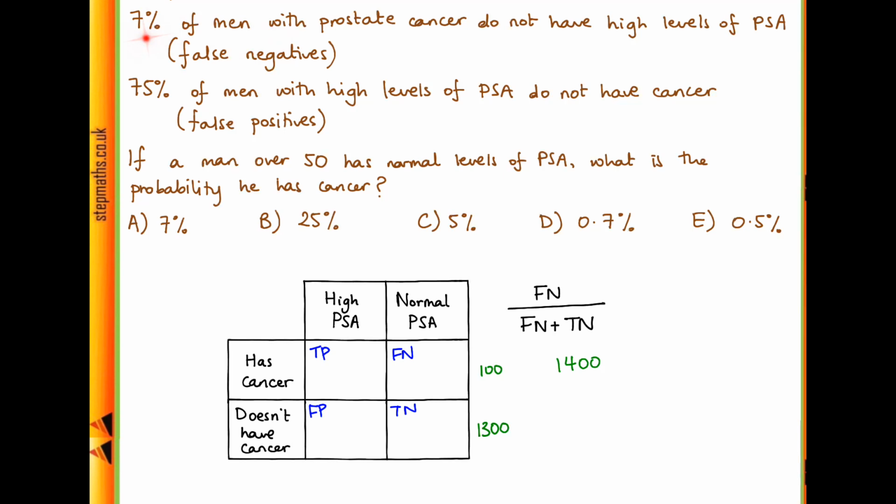So first of all, we're told that 7% of men with prostate cancer do not have high PSA. So 7% of these 100 men have normal PSA. So we put 7 in here, which would leave 93 in here. And we're also told that 75% of men with high levels of PSA do not have cancer. So 75% of the men in these two boxes do not have cancer.